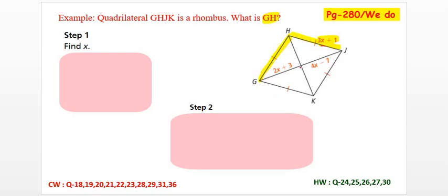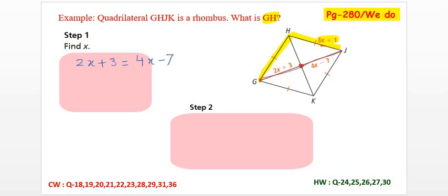Now look at the two diagonals. This diagonal JG is being bisected here, because both the diagonals get bisected when they cross each other. So you can say 2x plus 3 will be equal to 4x minus 7. So let's write: 2x plus 3 equals 4x minus 7, right?